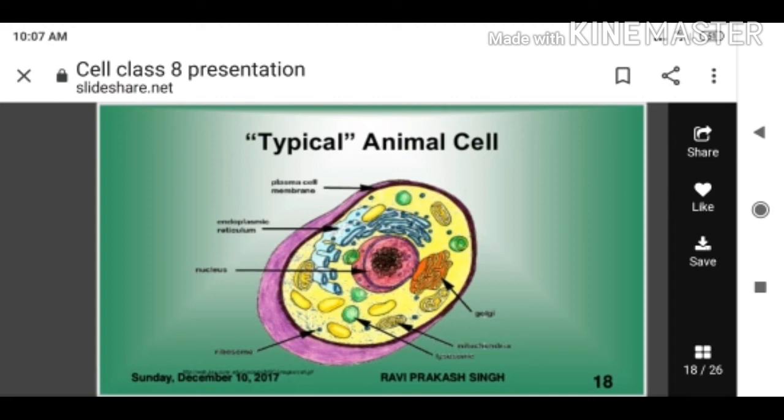Mitochondria are scattered in the cytoplasm. Lysosome, vacuole, rough endoplasmic reticulum, centrosomes and Golgi bodies are the cell organelles present in the cytoplasm of the cell.